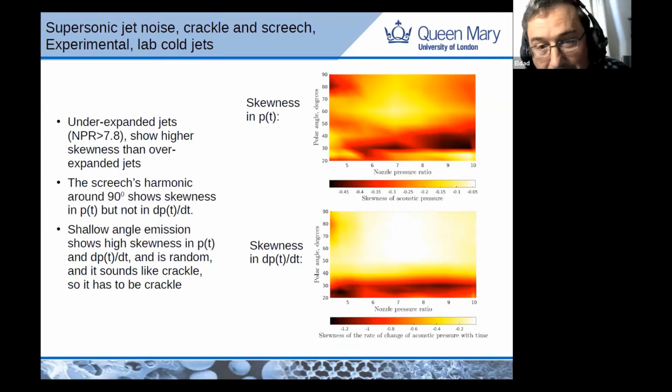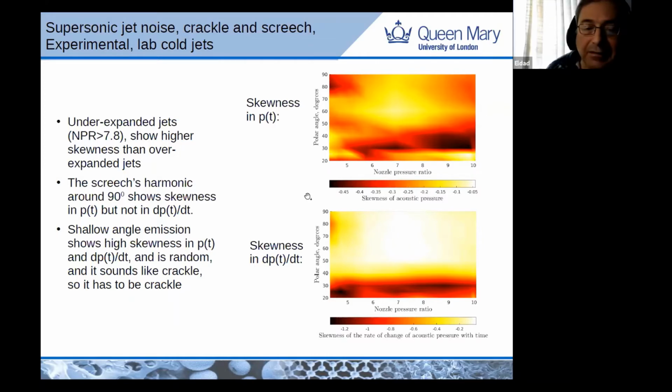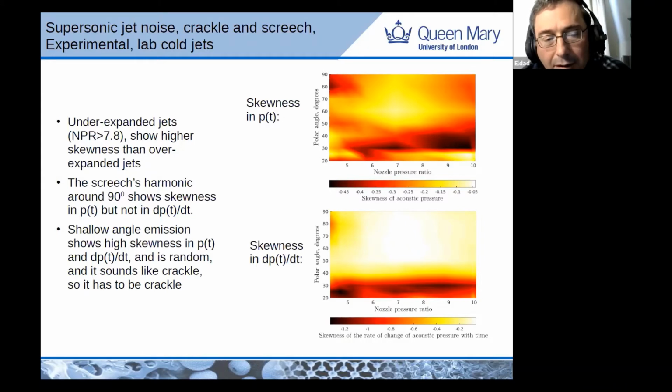When we looked at the screech, it does show high skewness around 90 degrees in P, but it doesn't show in the dP/dt. So we believe, sorry about that, there's a train passing through, we believe that the skewness in the dP/dt is important in order to identify crackle.